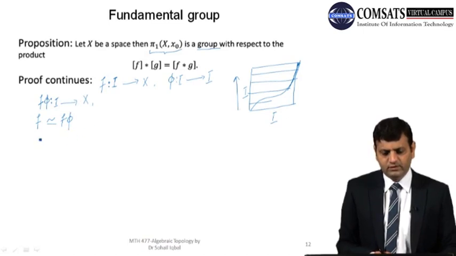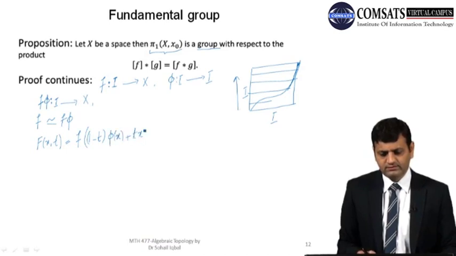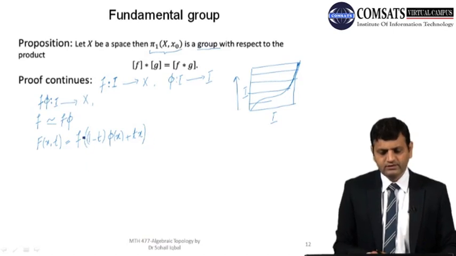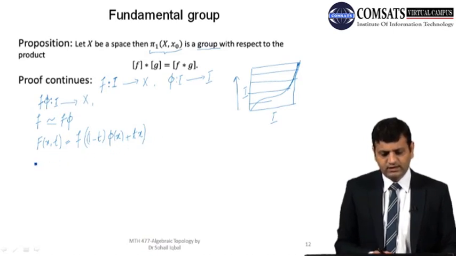So we define the following homotopy: F of x, t is equal to f of (1 minus t) phi of x plus t x. Since f is a continuous function and phi is a continuous function, this composition is continuous. So this capital F is continuous. Now let's see what F of x, 0 is.